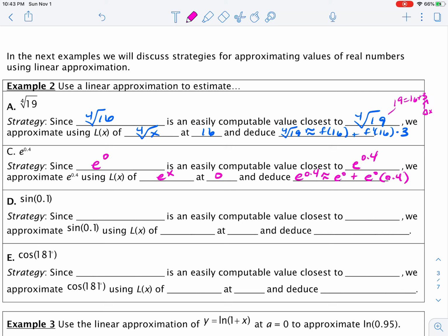Since sine of 0.1 is really, really close to sine of 0, right?